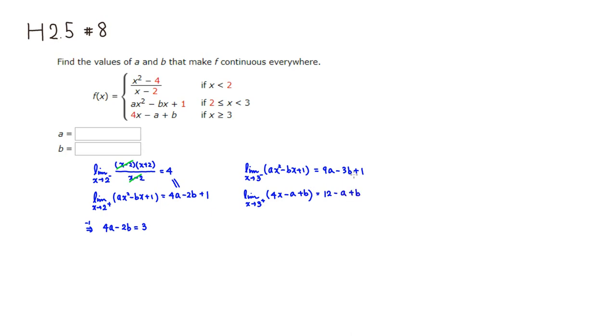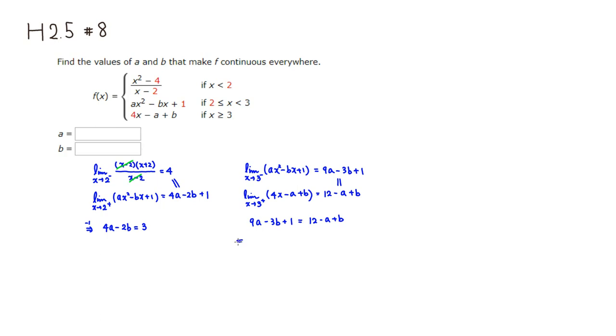Again, we have to set these equal to each other. So I'm going to start here: 9a minus 3b plus 1 is equal to 12 minus a plus b. I'm going to put all a and b on the left and all the numbers on the right.